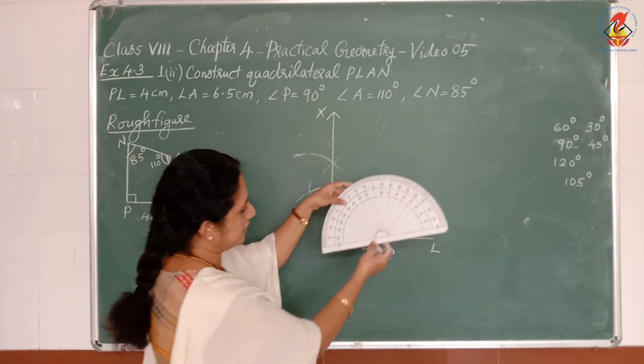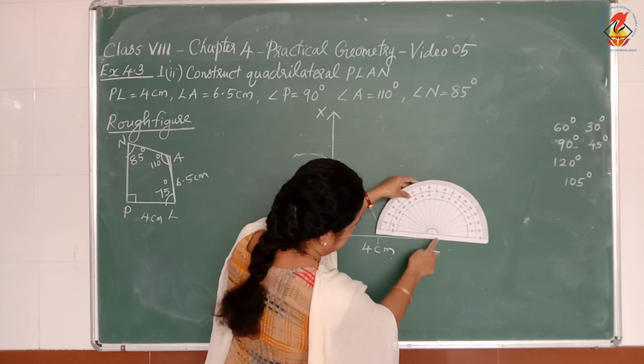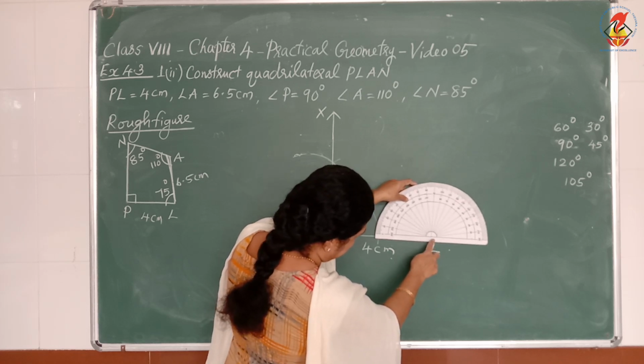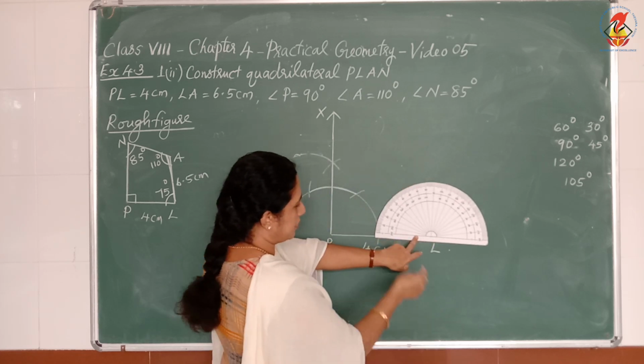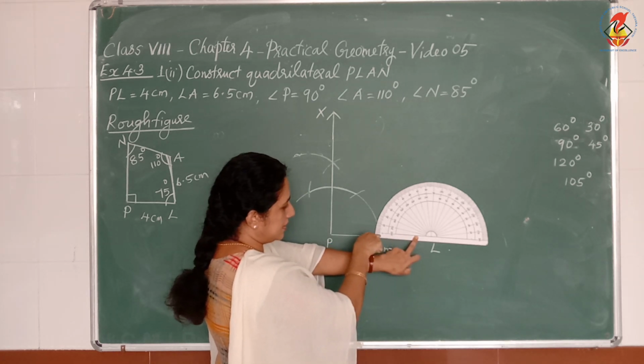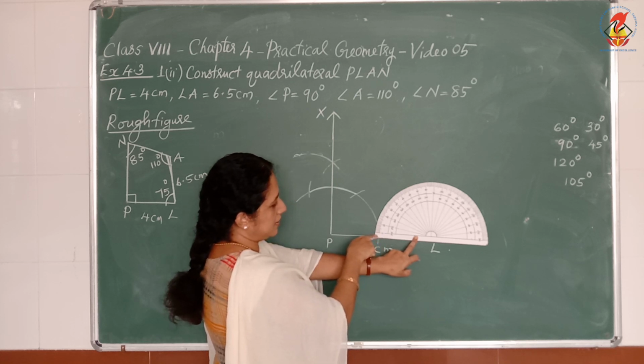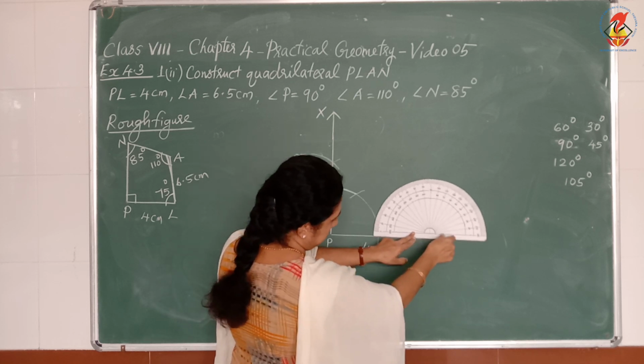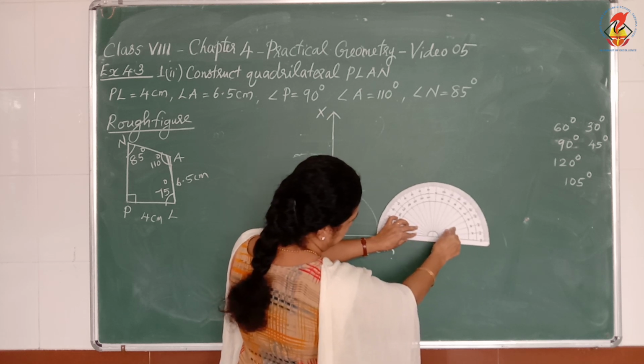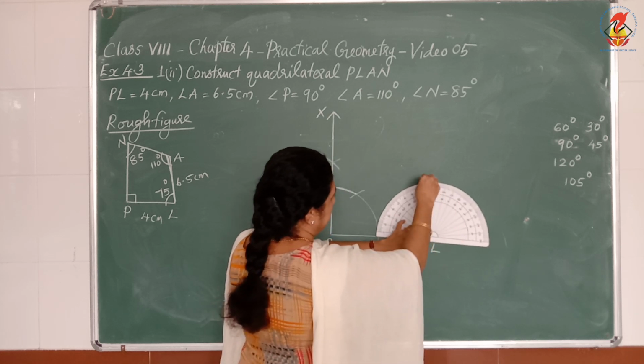Now 75 degree. Keep the center of the protractor at L. Then 75 degree is an acute angle, and you can see that the baseline coincides with the outer scale zero of the protractor. So take 75 degree. 75 degree will come here.